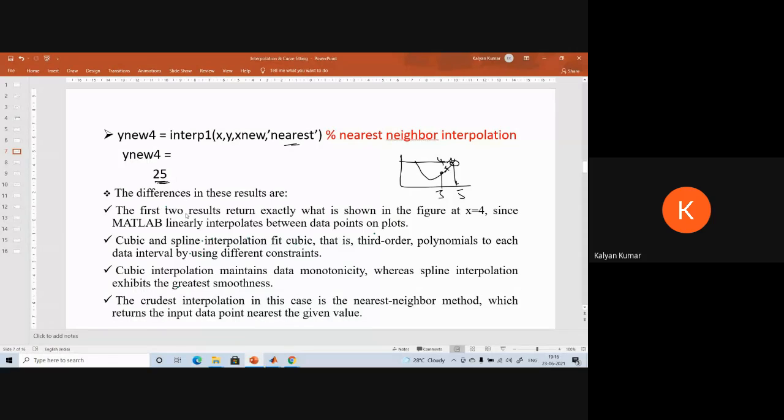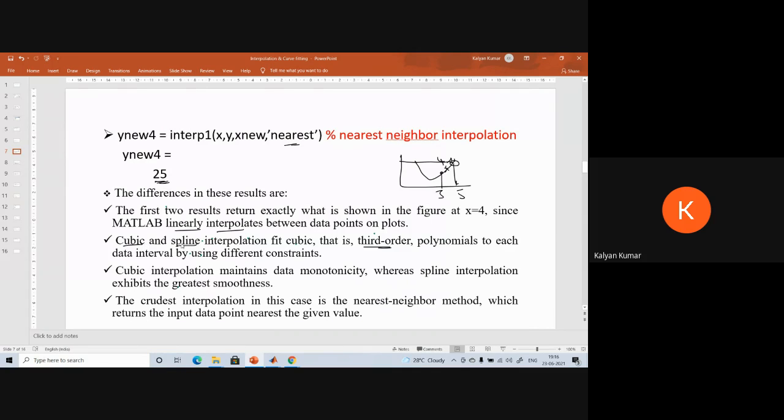The first two results, without any argument and with linear interpolation as the input argument, in both cases MATLAB is going to compute the estimated value by using linear interpolation, same as in the graph. Next, for cubic and spline interpolation, it is going to fit the curve using a cubic expression, that means a third order equation, and then it's going to compute the estimated value.